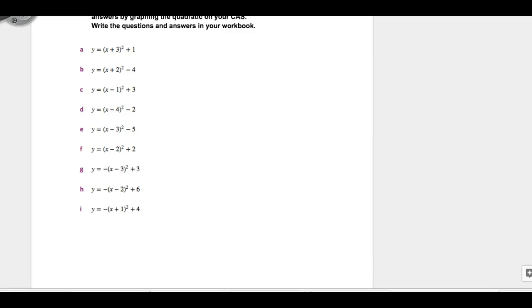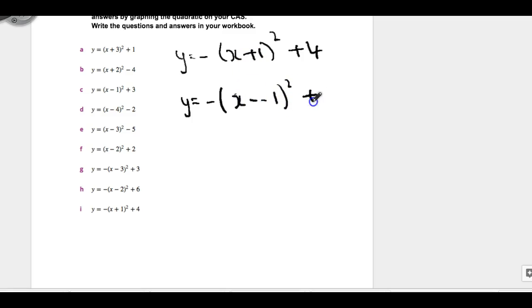All right, moving on to I now. We have y equals -(x plus 1) squared plus 4. I know it's a negative parabola. I'm going to rewrite that. I've got a plus there, change it to two negatives. Let's circle here and this here.